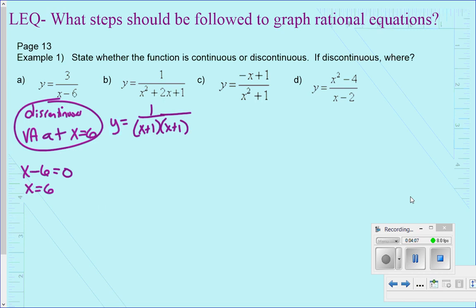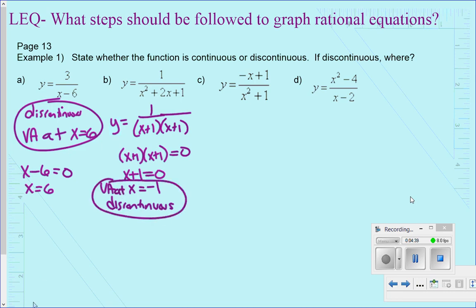It doesn't simplify, nothing to factor out, but I can set the denominator equal to 0 and solve, and that tells me that x plus 1 equals 0, which means x is equal to negative 1. Because I got a real number there for x, this one is also discontinuous, because there's a vertical asymptote at x equals negative 1.